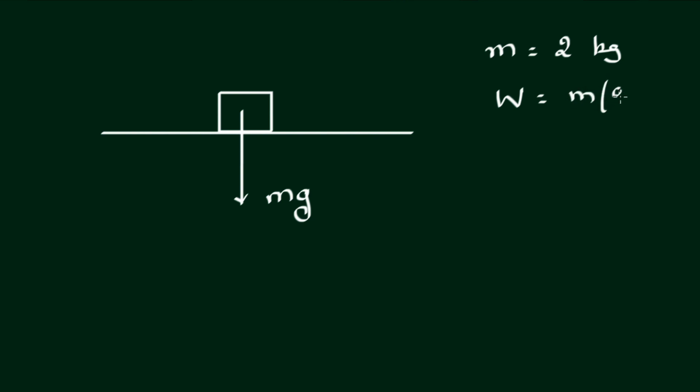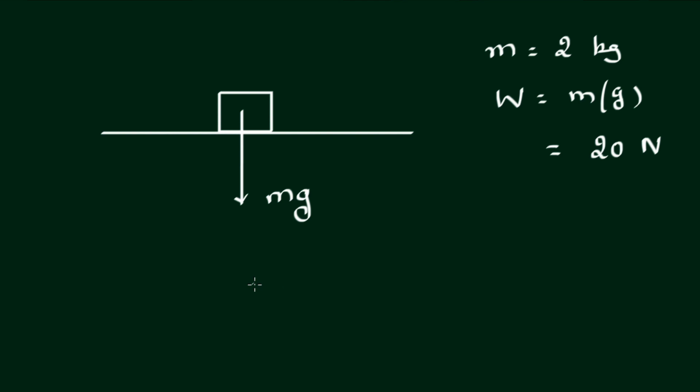The force of gravity, which is the weight of the object, points downwards, and its value is mg. If mass is equal to 2 kilograms, then the weight is m times g, which is 10 approximately, so that is 20 newtons. That's the force of gravity.